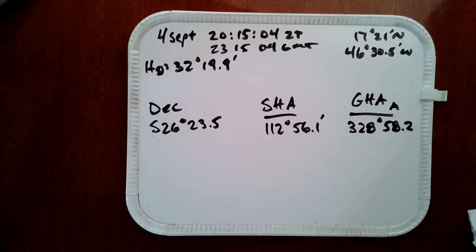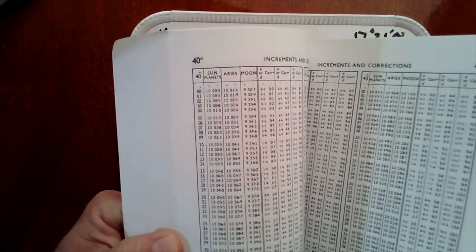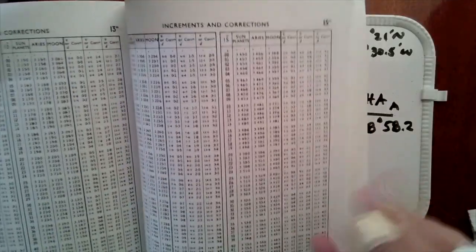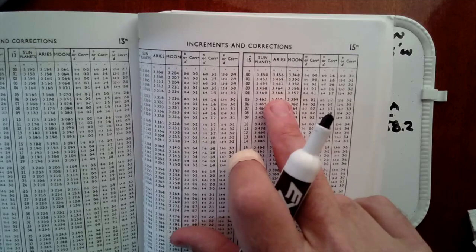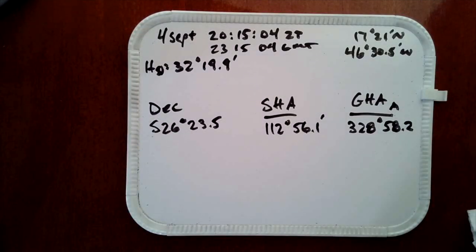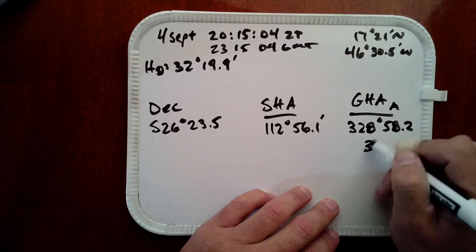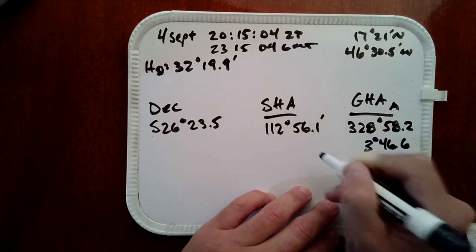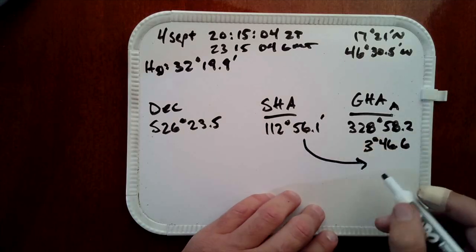You can do these in any order, but the first thing I'm going to do is apply the increments and corrections for the 15 minutes and 4 seconds. So for Aries, 15 minutes and 4 seconds, 346.6. And then this goes here as well.